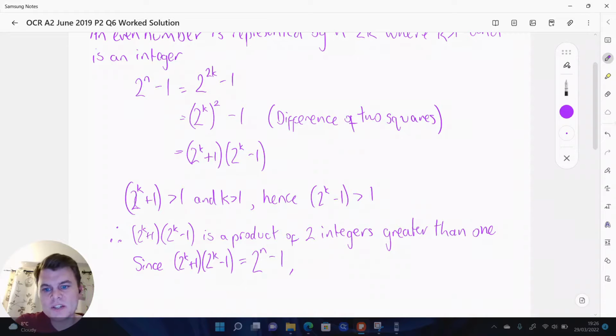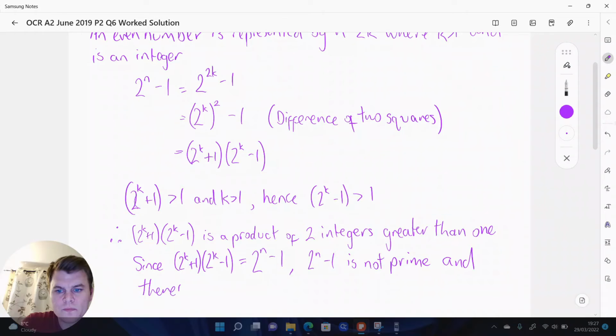So since 2 to the k plus 1 and 2 to the k minus 1 multiplied together equal 2 to the n minus 1, which is the original part of the question, 2 to the n minus 1 is not prime. And therefore, this claim is true.